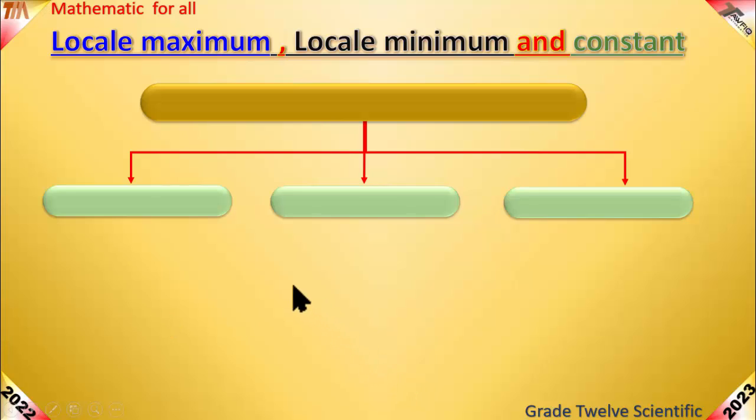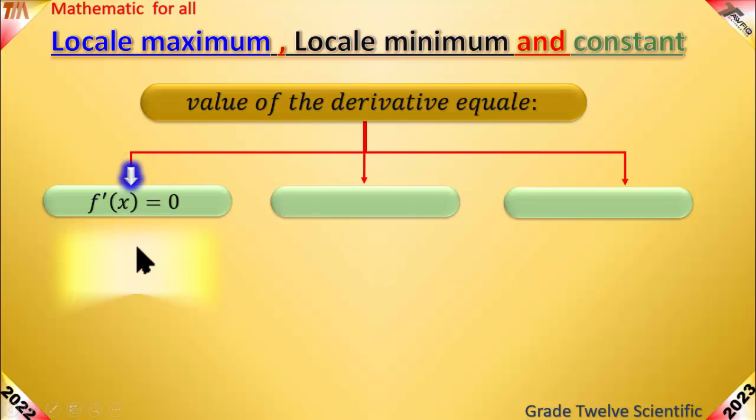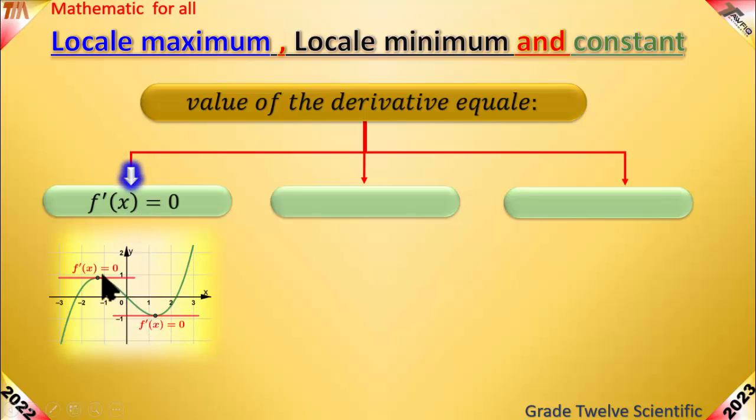Now, as we can see, at a local maximum or minimum, the value of f prime is 0 or undefined, or sometimes constant. The value of the derivative is 0 if the graph of the function is like this, because the tangent line is parallel with the x-axis.